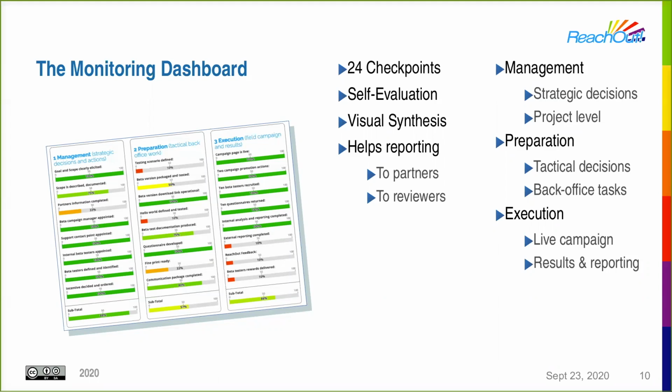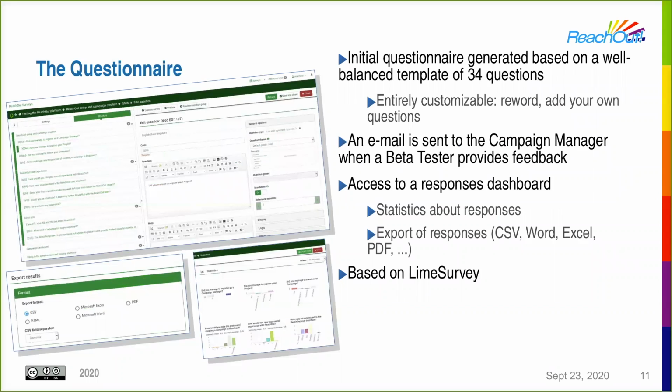About the questionnaire itself, we provide campaign managers with a generic questionnaire, which is based on a template that we've developed, made of 34 questions. It's all customizable. You can reword, add, remove questions, add your own questions.